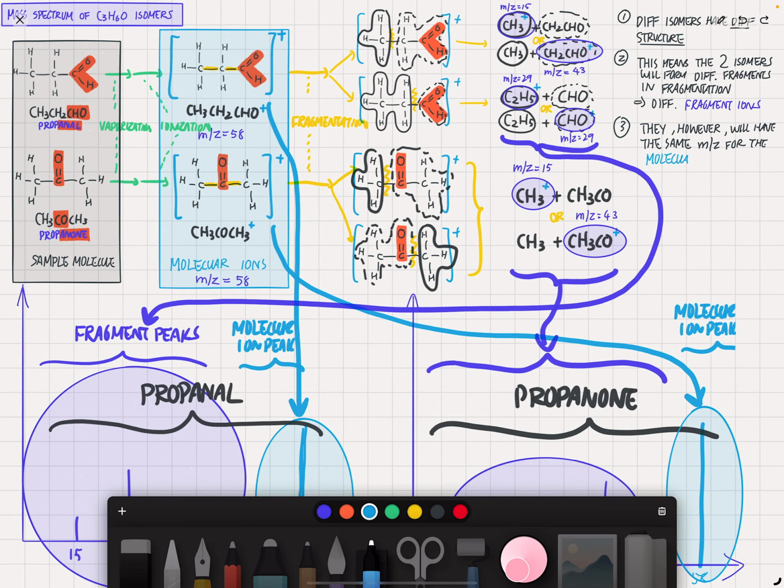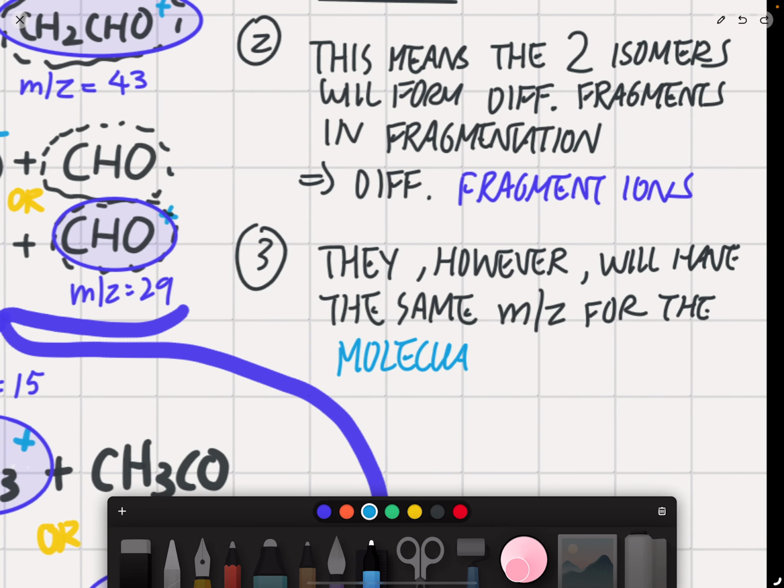So it should not be a surprise that they have the same mass to charge ratio in this molecular ion state. So you have the same peak for the molecular ion.